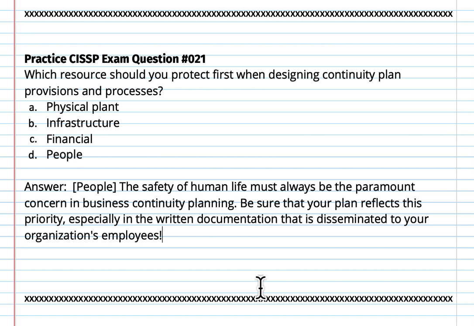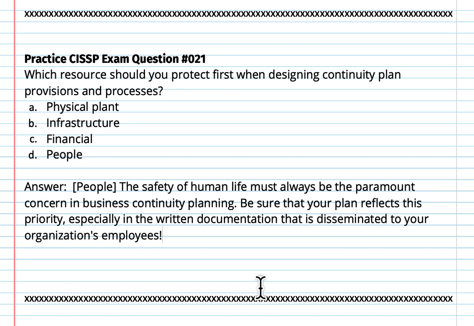When you're dealing with the CISSP, and pretty much with anything in life, the physical protection and safety of your people is of the utmost importance over any piece of equipment or data that you may have. The reason is you obviously want to protect people from getting hurt, maimed, or dying.